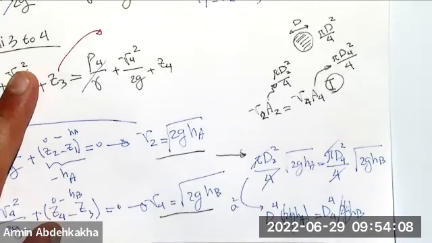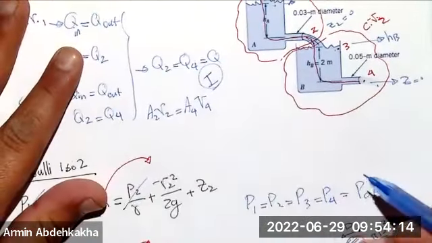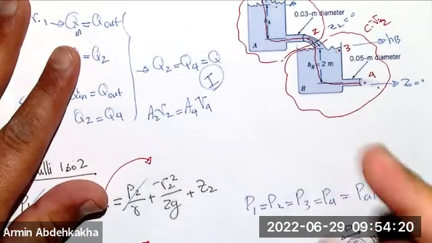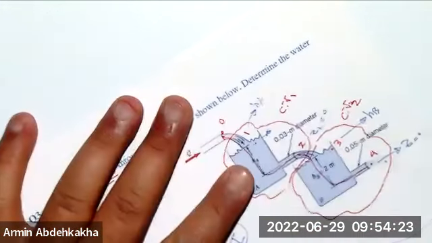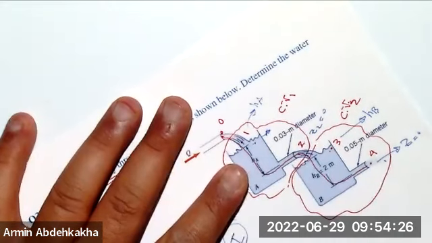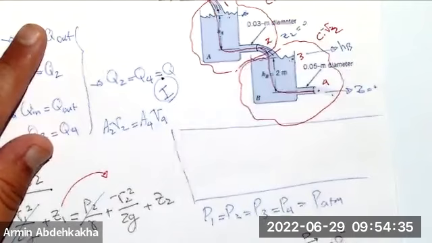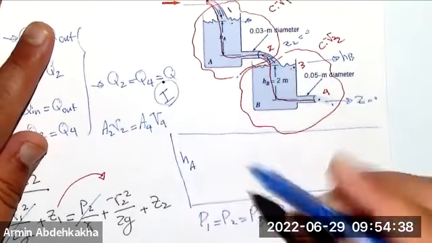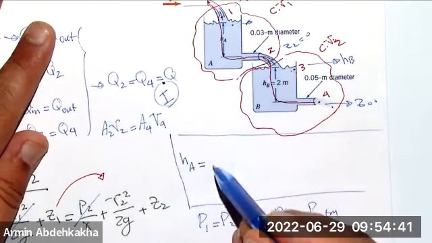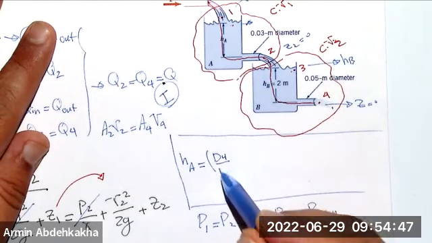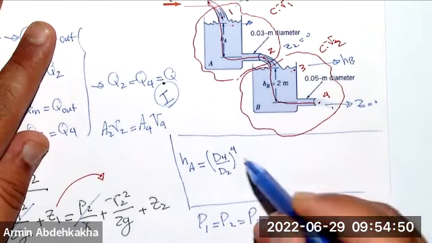Again, I can cancel out 2G here, and the final equation would be, we'll write it down here, that HA, that's something you are going to find here, is equal to D4 over D2 to the power of 4 times HB.